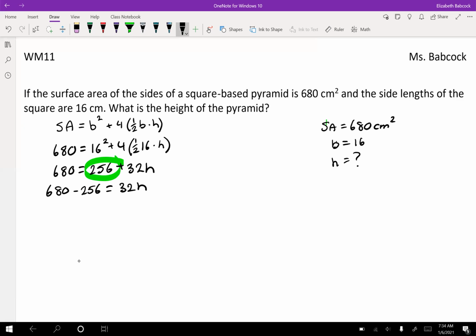Then we have to solve what this is. We have 680 minus 256. Now we got to get rid of our 32.